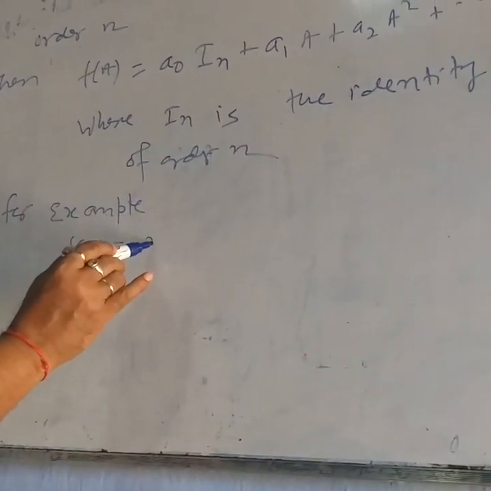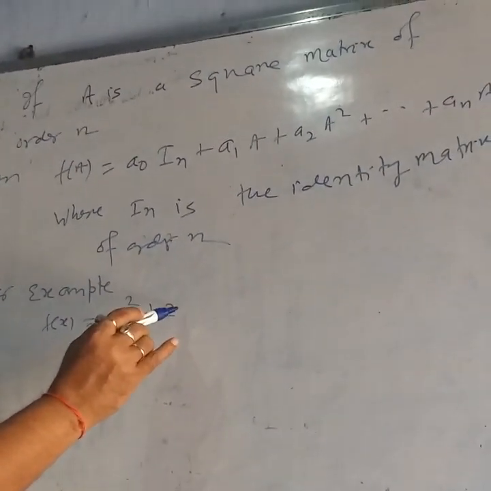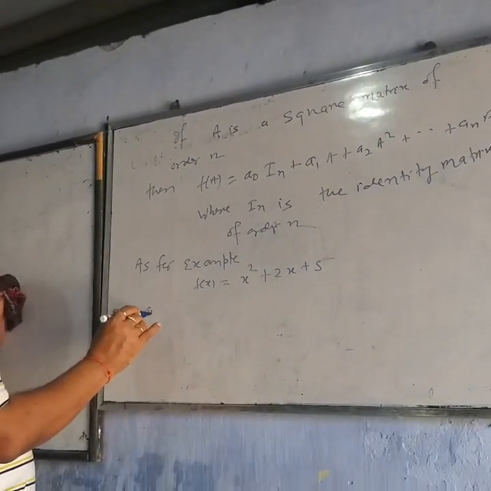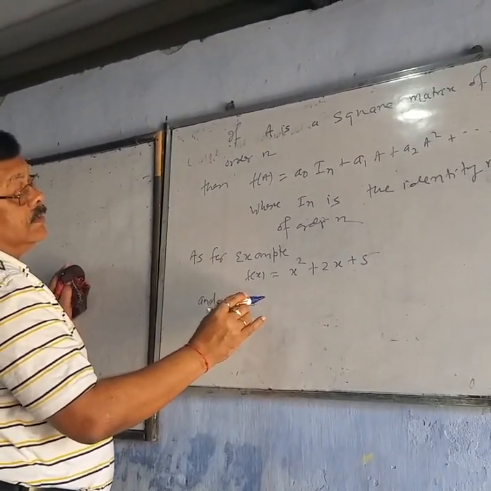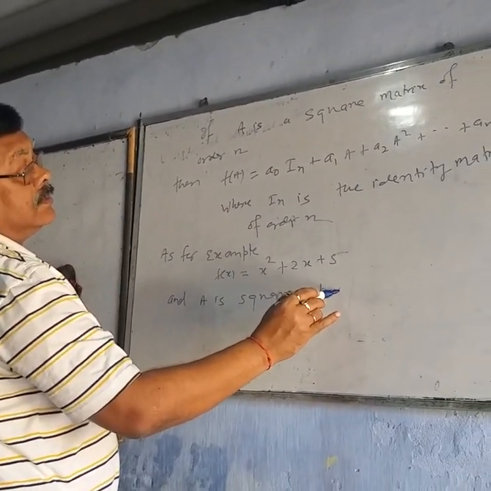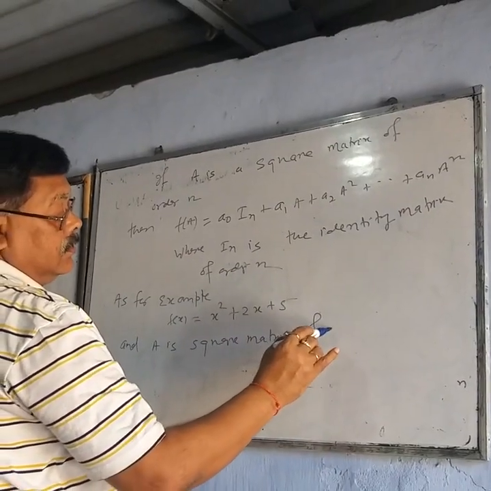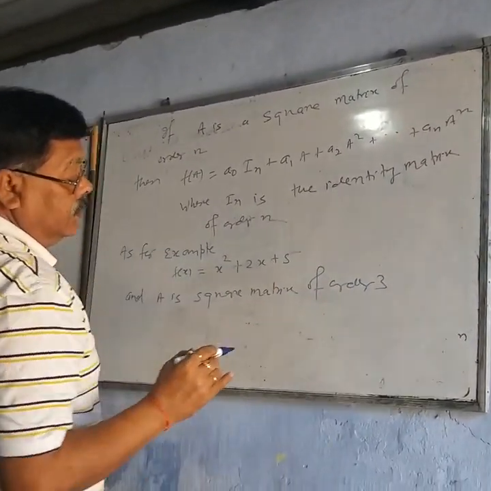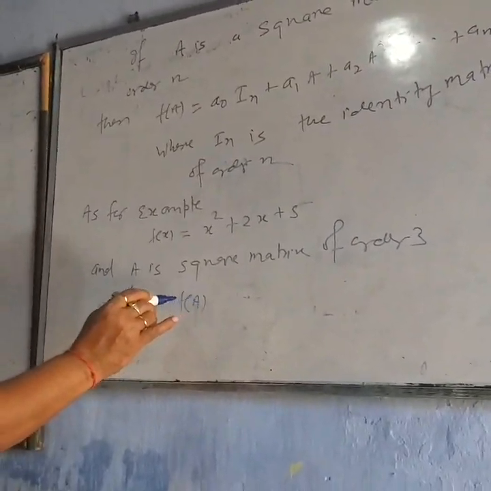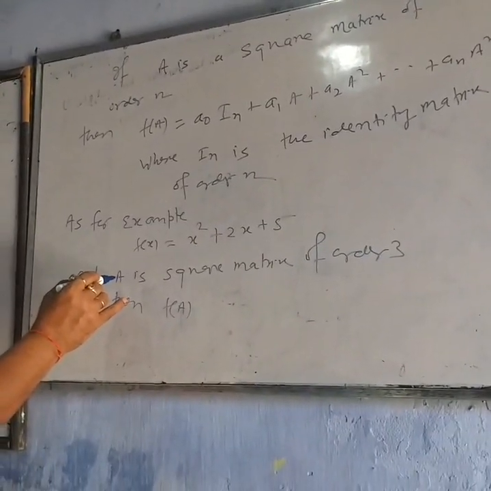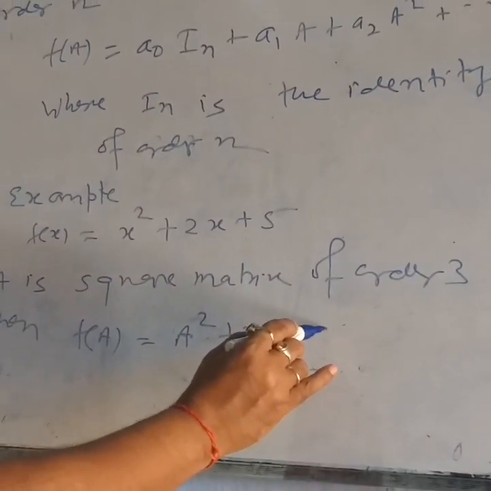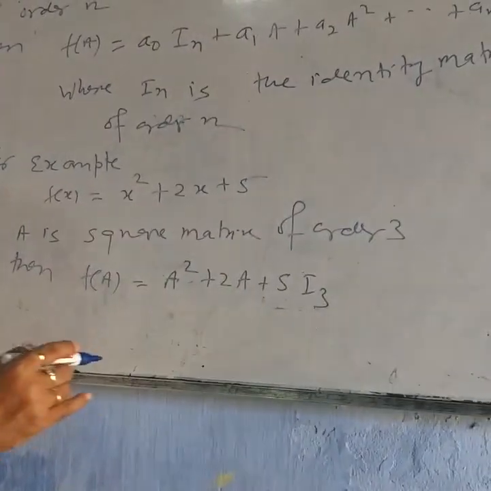If f(x) is a polynomial x squared + 2x + 5, and A is a square matrix of order 3, then f(A), the matrix polynomial on square matrix A, is A square + 2A + 5 I3.